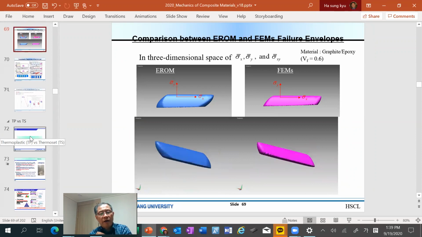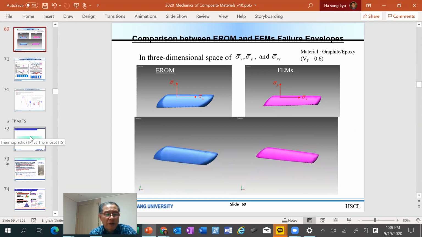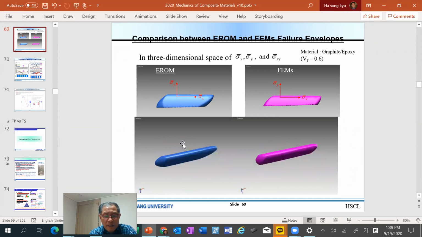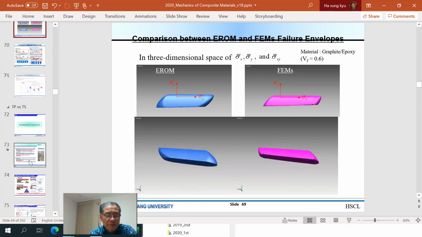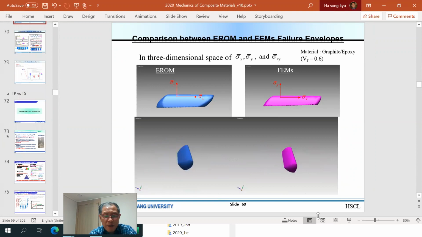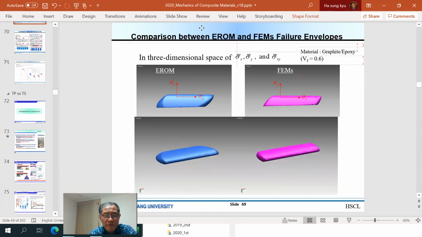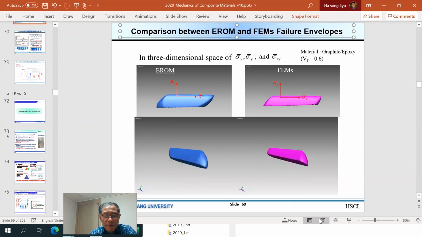Okay, so far I have repeated and reviewed the subjects which we covered, mainly on micromechanics. This is the failure envelope, in terms of sigma x, sigma y and sigma s, a three-dimensional space. This envelope or volume represents the safe zone.